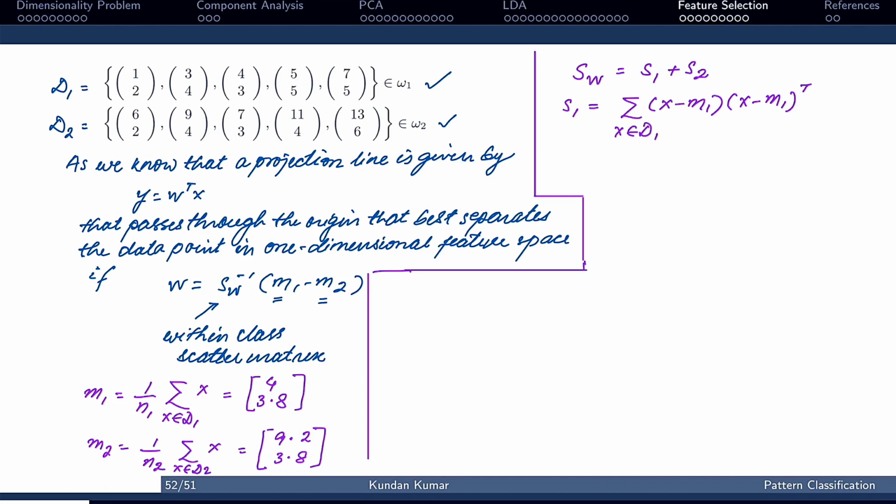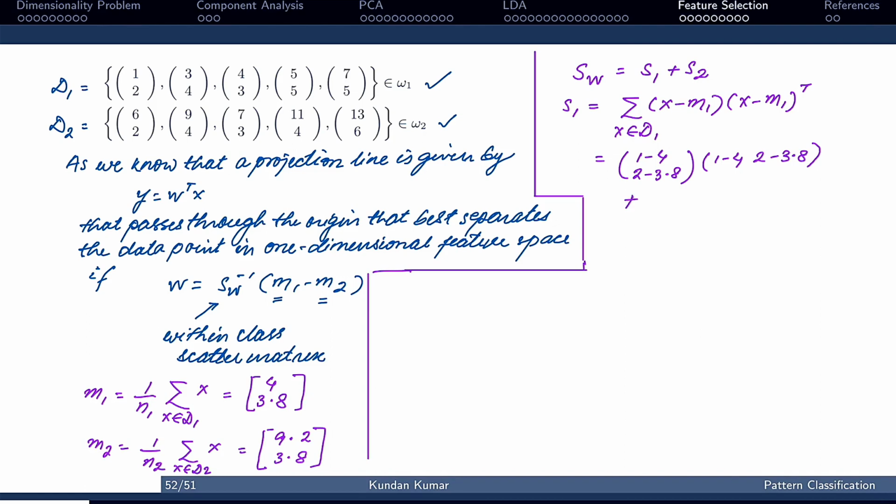So, we can compute these for the given samples in set 1. We can write 1 minus 4, 2 minus 3.8, and this is the transpose of the same value.